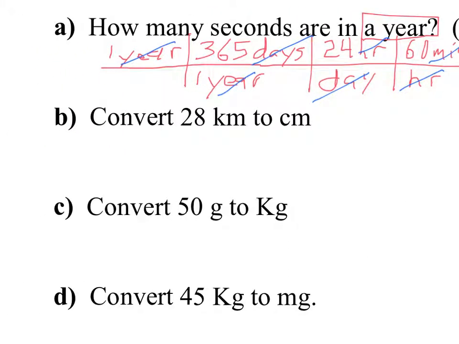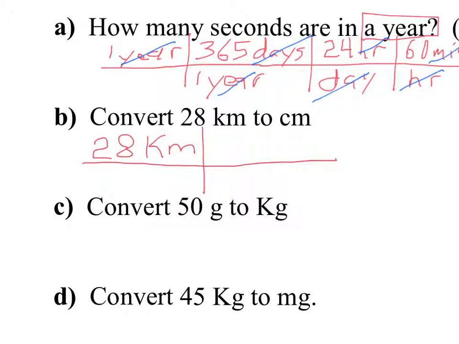So, B, convert 28 kilometers into centimeters. So we'll start with our given 28 kilometers. Now we can go straight to centimeters with our stair-step type table and just count the number of steps. But it would help us to do this in 2 steps because we know each part of the step.